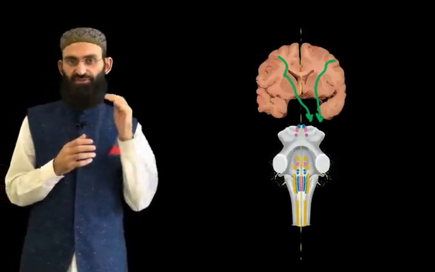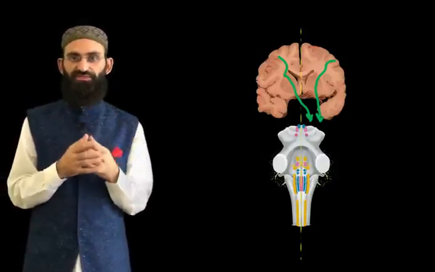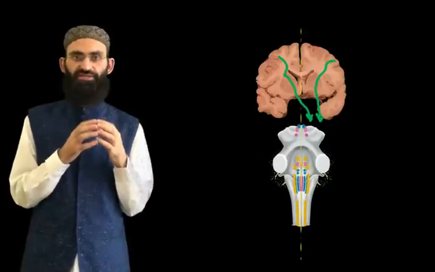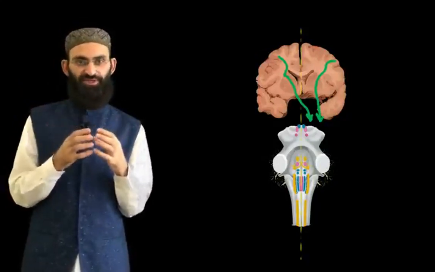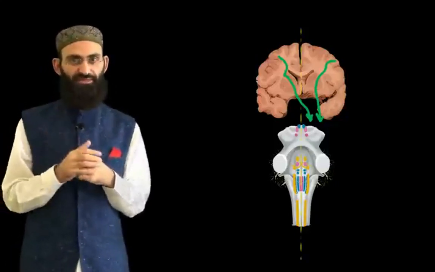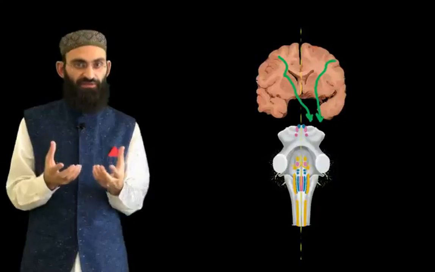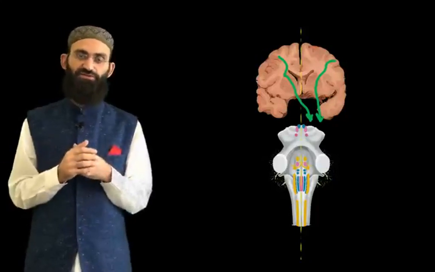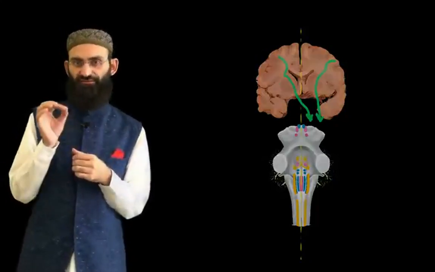So if there is damage to one-sided corticobulbar fibers, a cranial motor nucleus will still get its upper motor innervation from the other side. But there is one exception, and that makes all the difference in localization of a neurological lesion. That different nucleus is the nucleus of the facial nerve.